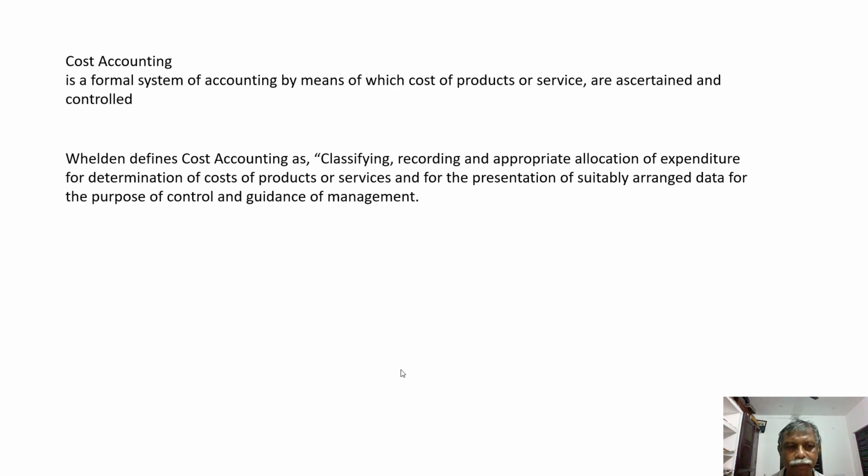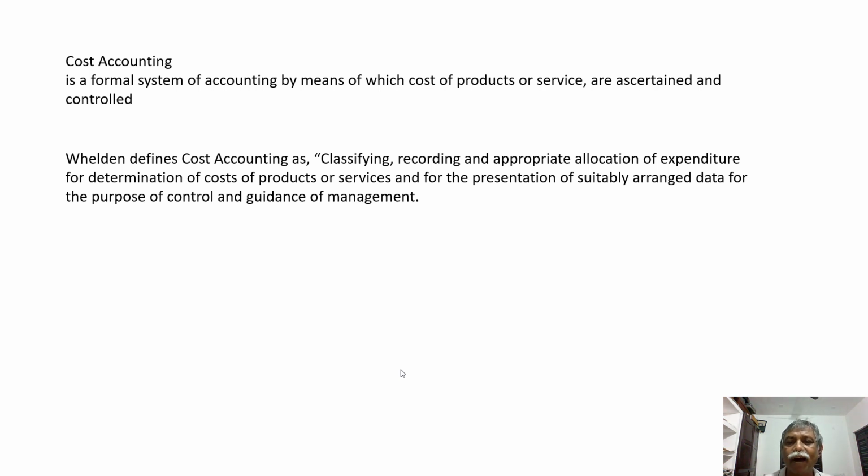That is appropriation. So this is done for determining the cost of a product or service, for the presentation of suitably arranged data, for the purpose of control and guidance of the management. So what you do? You classify it, you record it, and you allocate the expenditure. All the classification, recording, appropriation is done to find out the cost of the product or service.